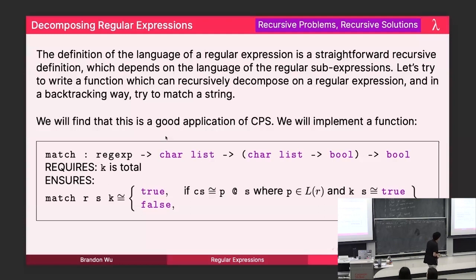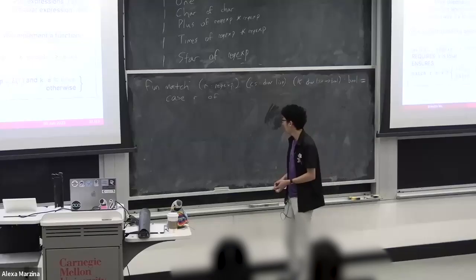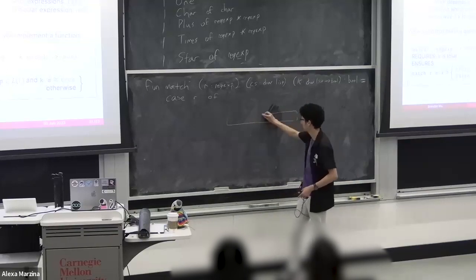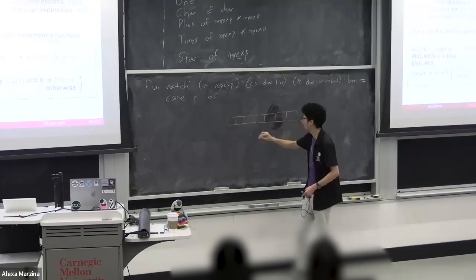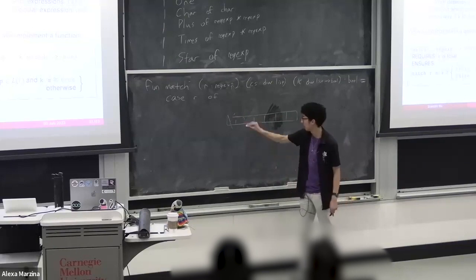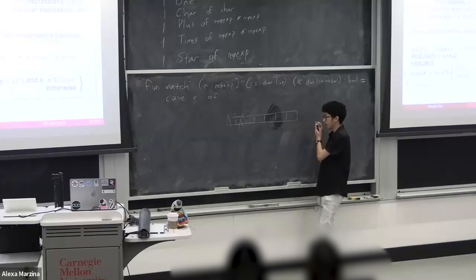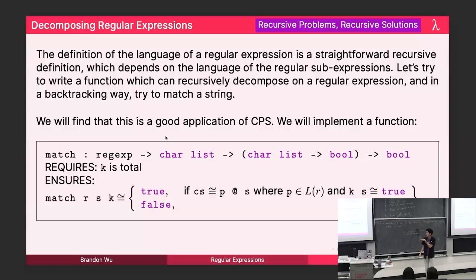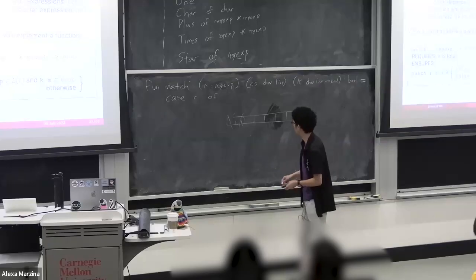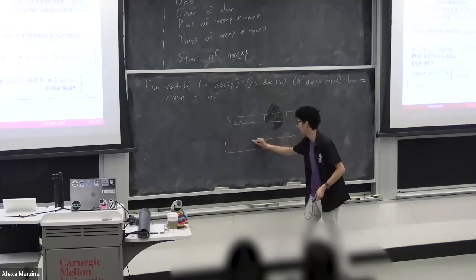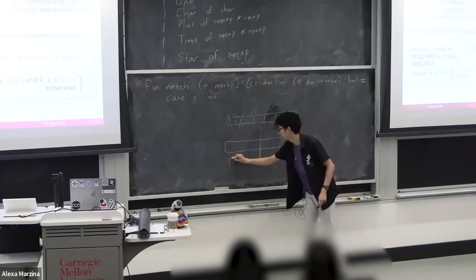The idea is that if I give you a regular expression and a character list, we're going to do the same thing that we did at the beginning of lecture: I take off things from the front of the list as befits me, until eventually I finish with the rest. What I mean by that is match R given S, but really CS, and the continuation should evaluate to true only if you can split your input into 2 halves, the prefix and the suffix.